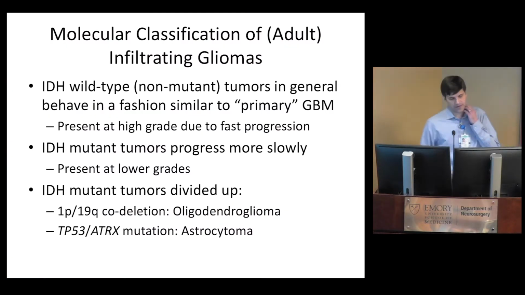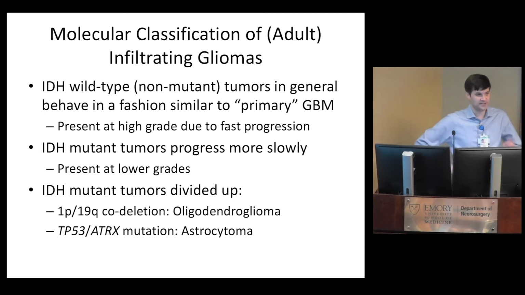So nowadays, we use molecular data to really help us classify infiltrating gliomas, and in adults, we look primarily for IDH mutations. Our experience shows that IDH wild-type tumors in adults in general will behave in a fashion similar to a, quote-unquote, primary glioblastoma.